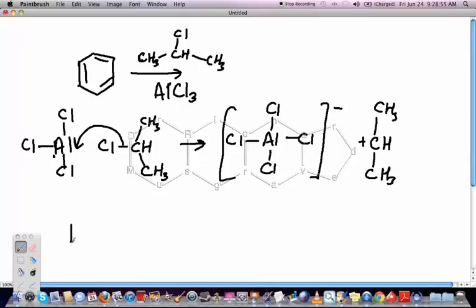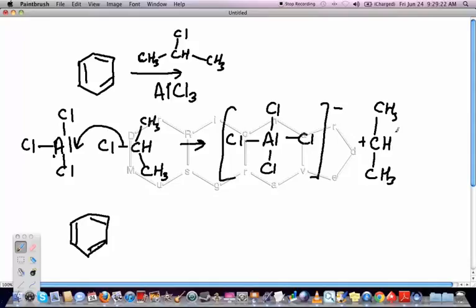The carbocation then will react with the benzene ring. Now, before we do that, let me give you an idea about the stability here. This is a secondary carbocation, and there is no possibility for this secondary carbocation to rearrange into anything more stable than what it is.